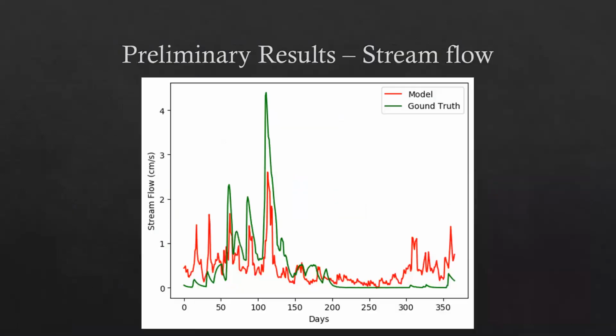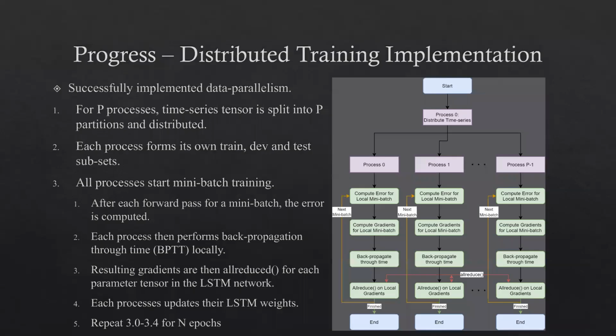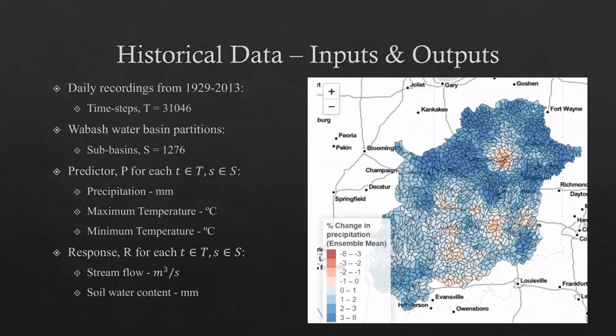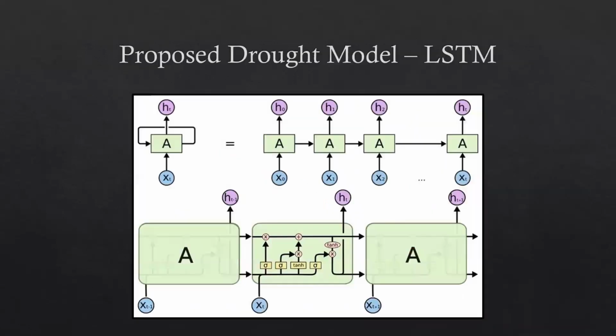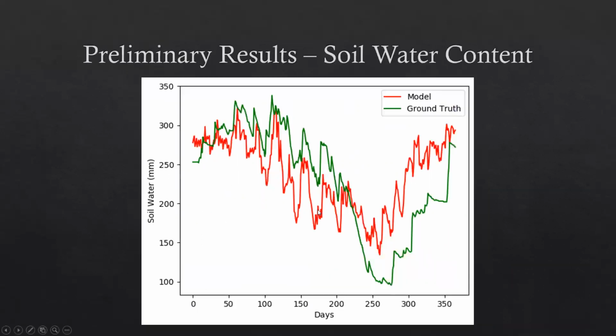Sure. And it seems that you concurrently predict the soil and the stream. You have two images, right? Well, I don't have images coming out. No, you show the two figures. Next one. Yes, this one and the next one. It's predicting the stream flow for each subbasin and then the soil water content for each subbasin.